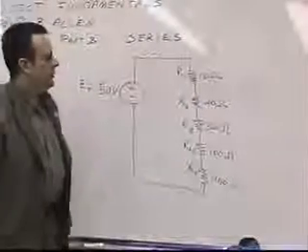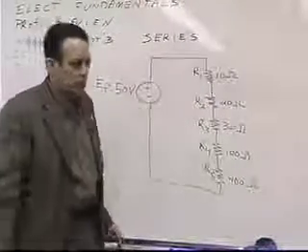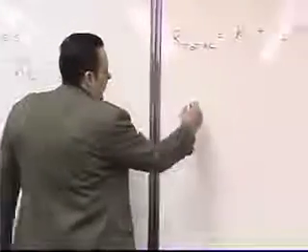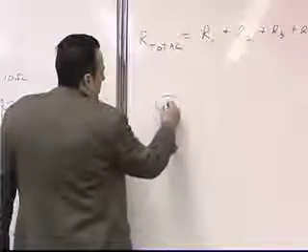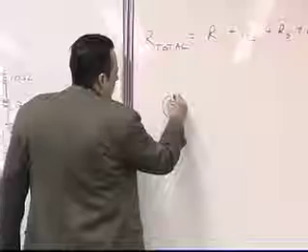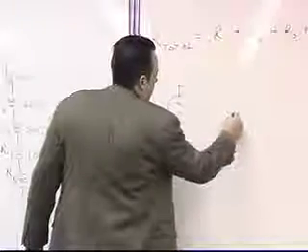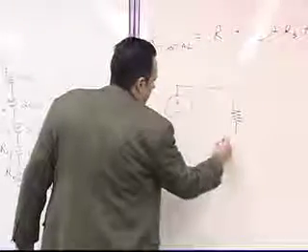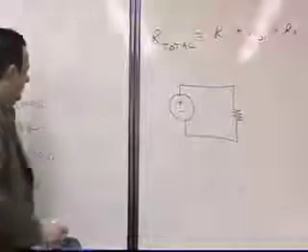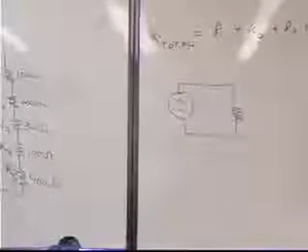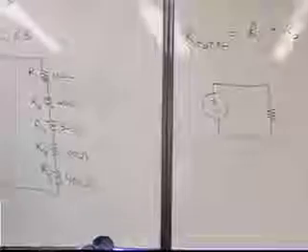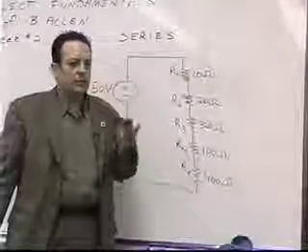Then we would be able to, in the end, find an equivalent circuit that would have one battery and one single resistor that would represent this circuit right here.